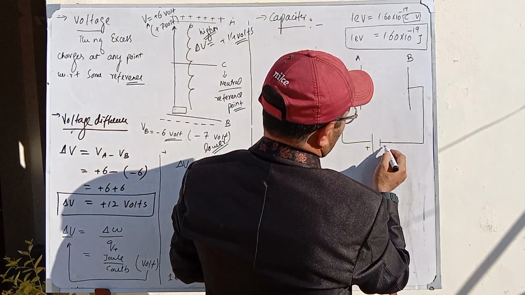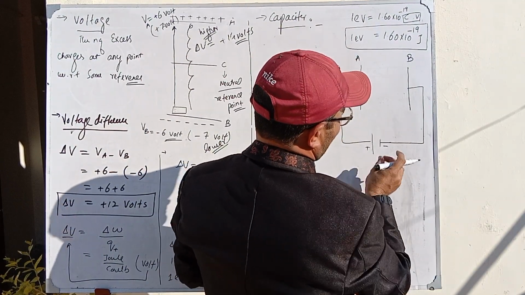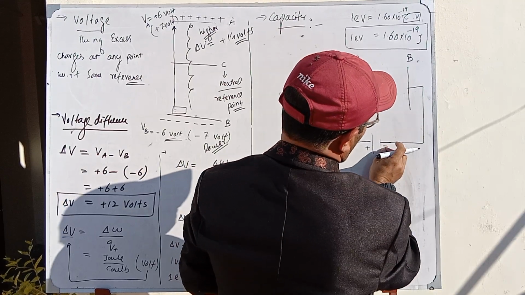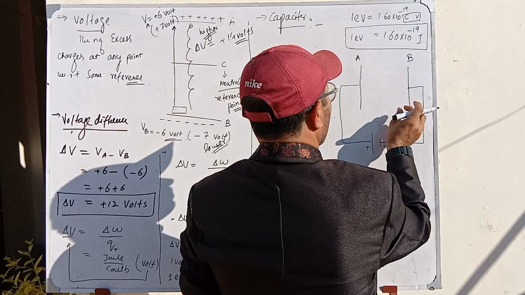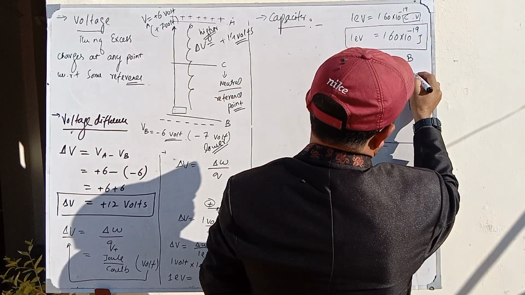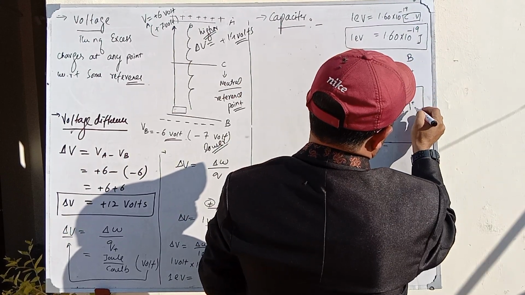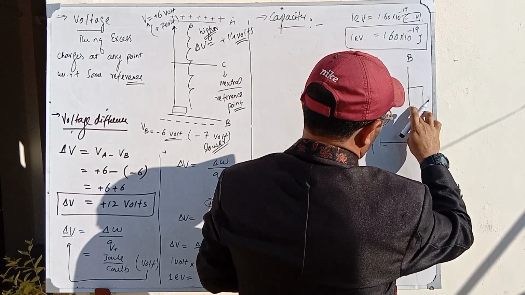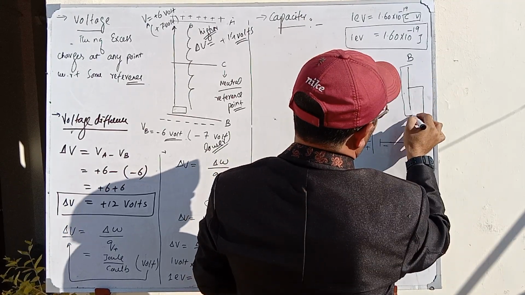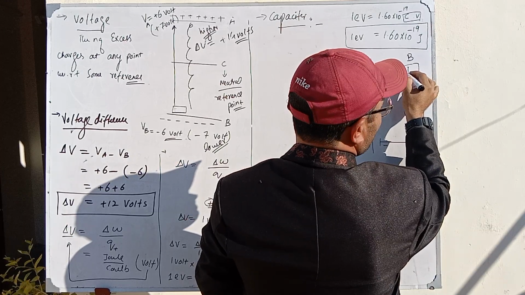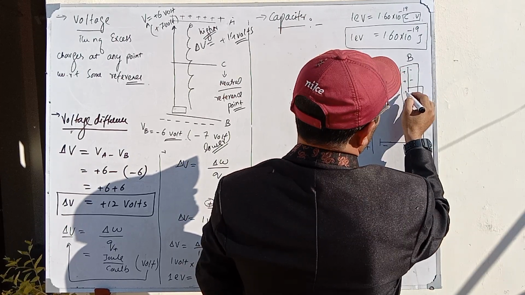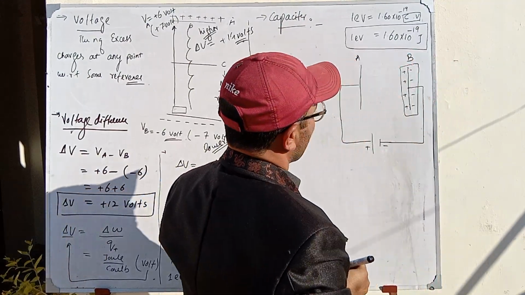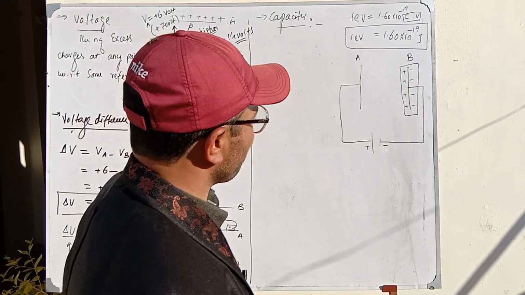So this negative plate has an excess of electrons, and this pulls and attracts the positive charges from point B, because any neutral body contains an equal number of positive and negative charges, and it is the condition for conservation of energy.